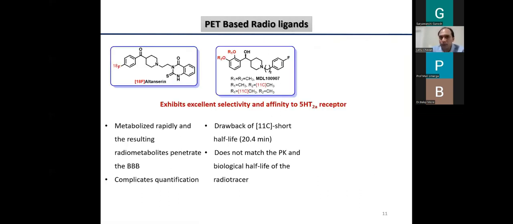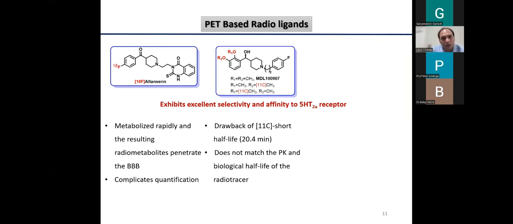In the literature, there are some potent radiotracers which show good activity towards this 5-HT2A receptor. But the problem with ultanserin is that it metabolizes rapidly, and the resultant metabolites penetrate into the BBB. BBB is the blood-brain barrier.